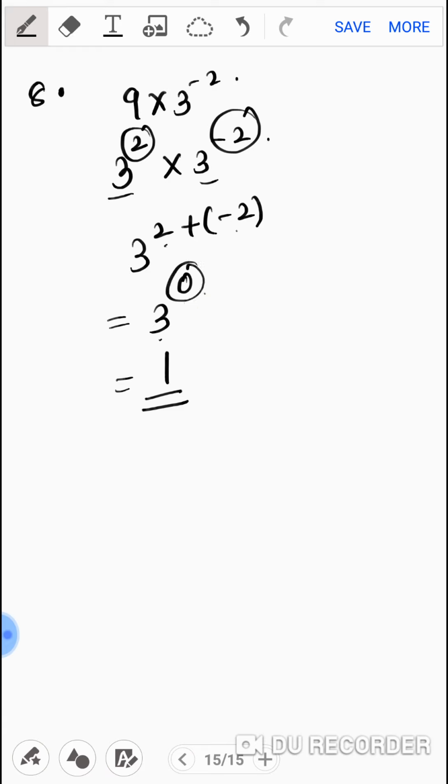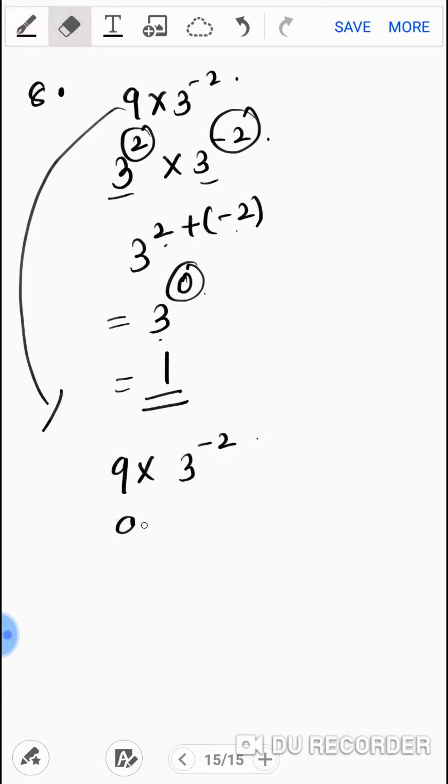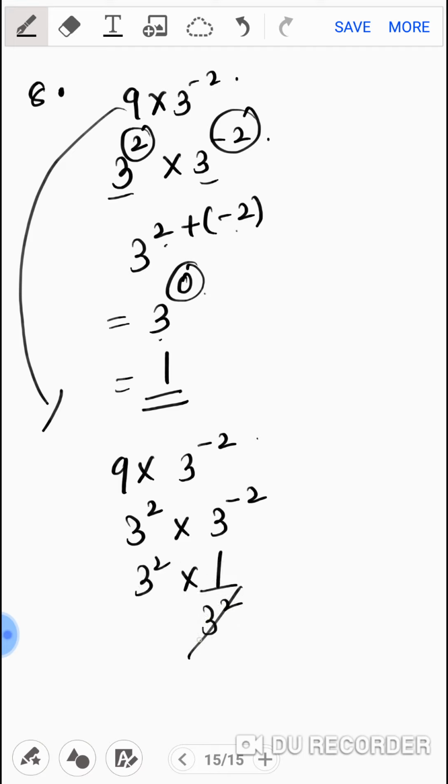You can follow this method or another method. The question is this. I'll write this 9 as 3 square and this negative. First I'll convert this negative to positive and then I'll cancel. Answer is 1. So either follow this method or that method, no problem. Clear, my dear kids? God bless.